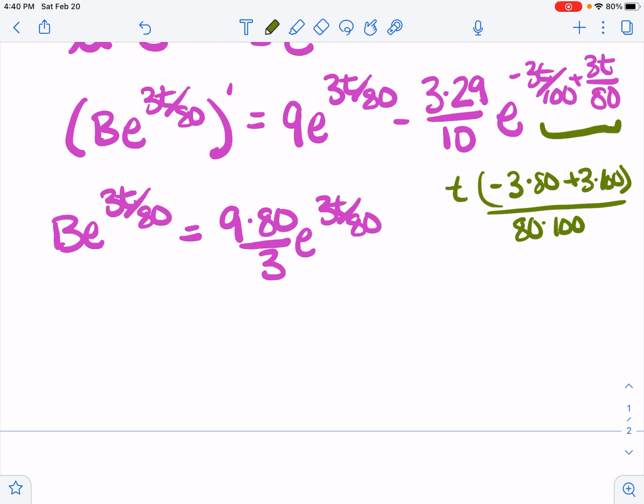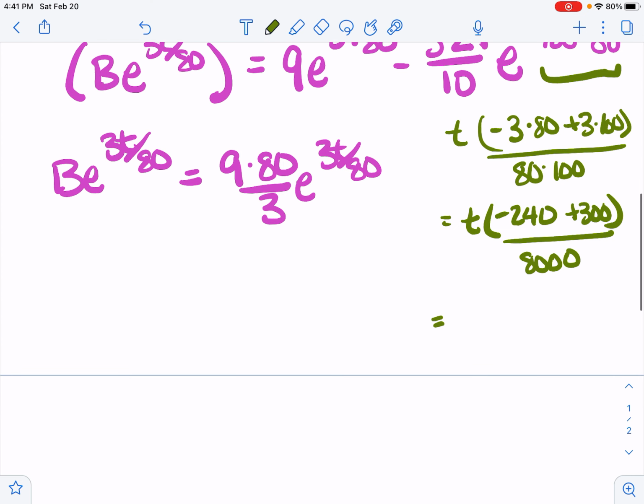So that looks like t times negative 240 plus 300 over 8,000.